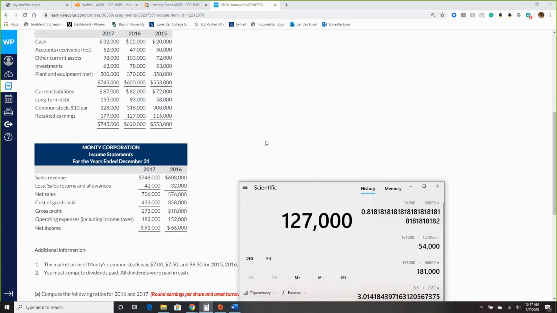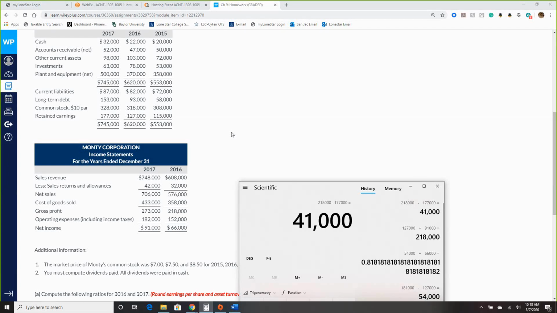So I'm going to take beginning retained earnings for 2017, add net income in 2017, then I'm going to subtract the ending balance, which will be the 177. So that tells us that dividends that were declared and paid out were 41,000.